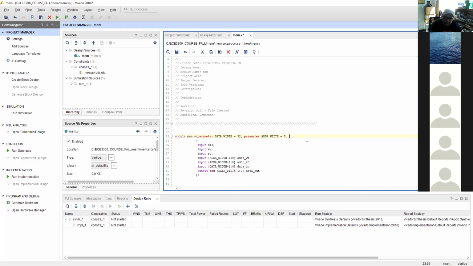I can make it like this: parameter RAM depth is equal to 1.